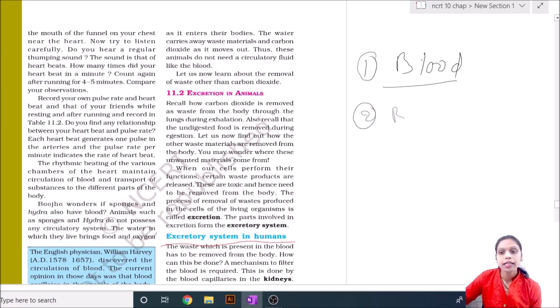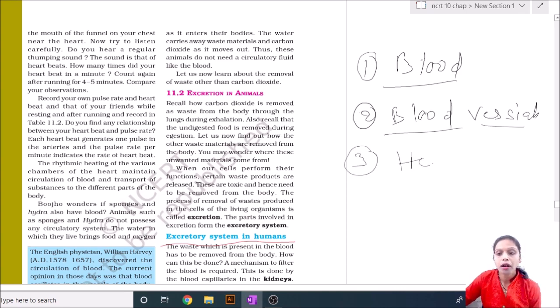Second is blood vessels, which type of vessel takes oxygenated blood, and which type takes carbon dioxide rich blood. And third, the heart, how the heart works, how the heart converts deoxygenated blood into oxygenated blood.